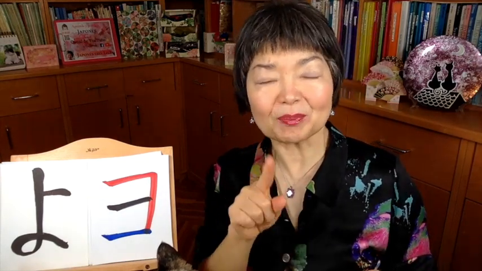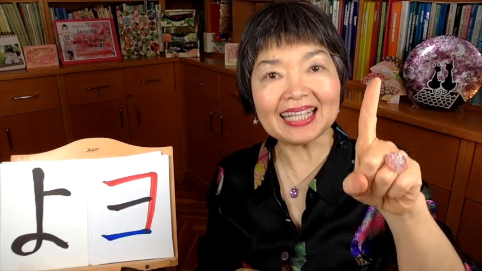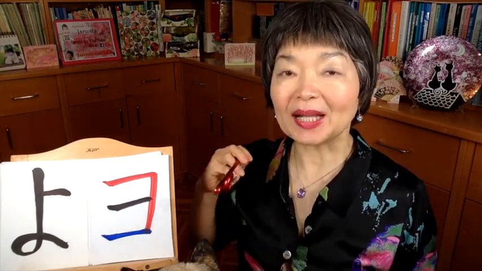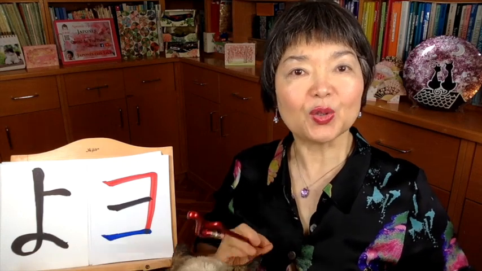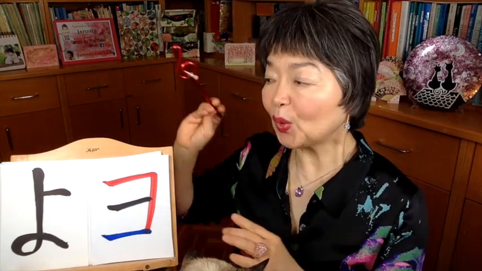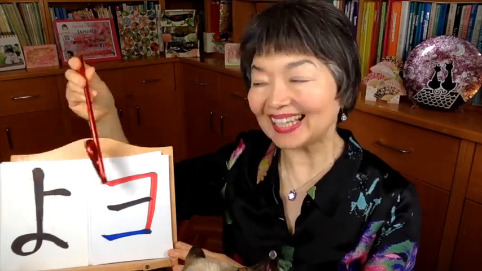Only these 7 letters, and also with dakuten or maru: gi, ji, bi, pi. So only after these 11 letters we can write ya, yu, yo. And today, yo, this is yo in hiragana and yo in katakana. We're going to see many vocabularies.